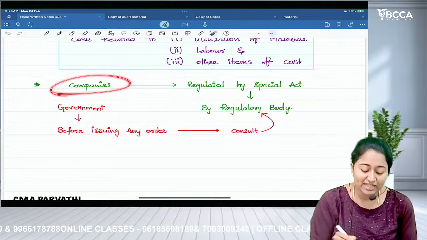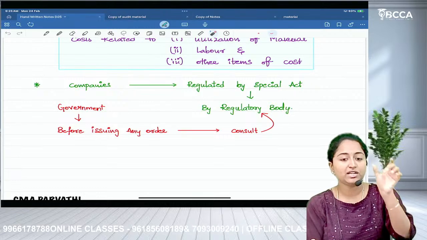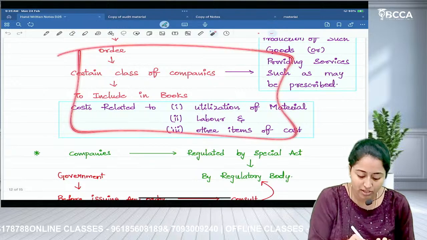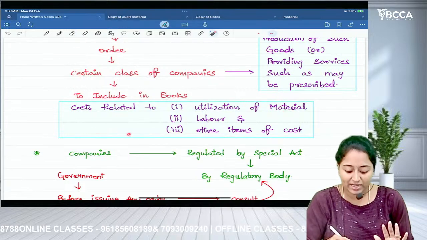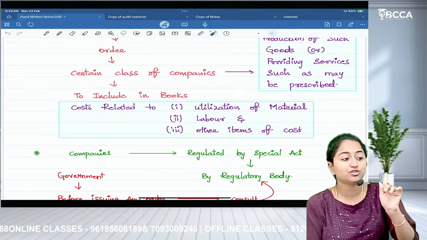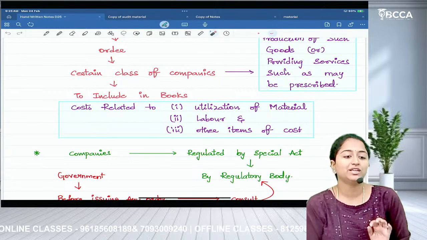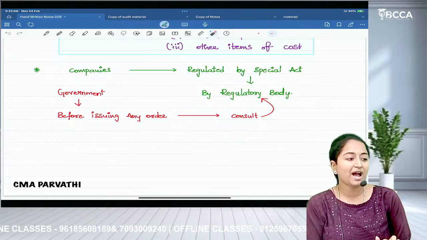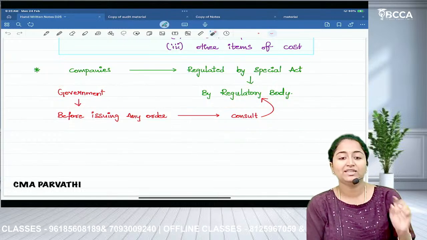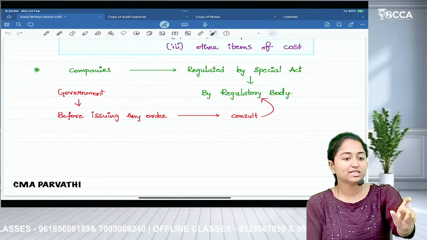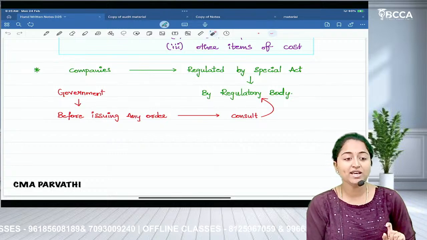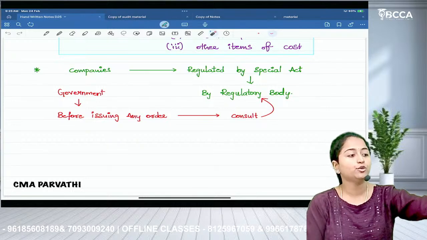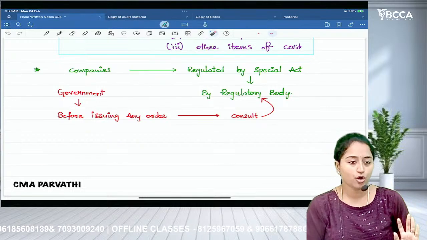Now, if government wants to give an order to include in their books this particular cost, before giving that order, government has to take consent from that special act or regulatory body, saying that you are the regulatory body for this company, so you have to give consent to me that I can order that particular company to include in their books these kinds of costs.